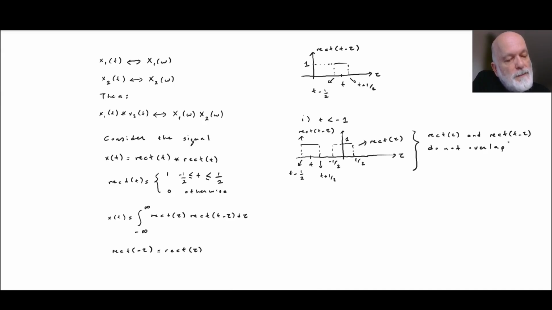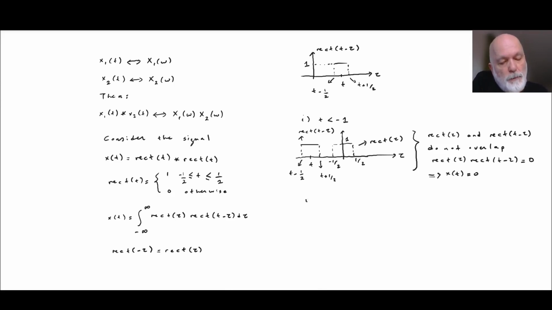Their product is equal to 0. So rect tau times rect t minus tau is equal to 0, and therefore x of t is also equal to 0 for t less than minus 1.